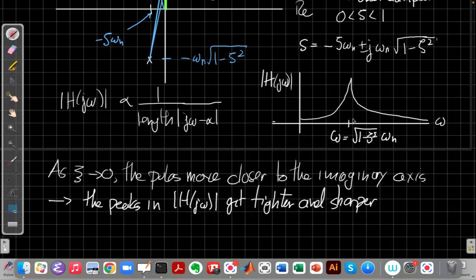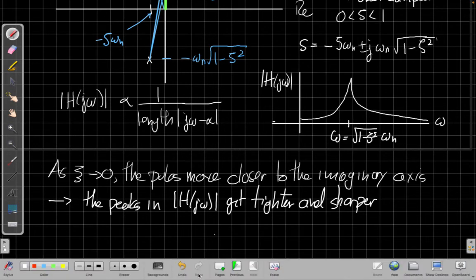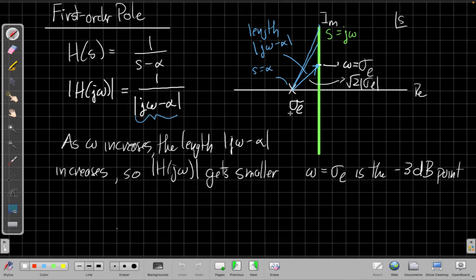And again, these resonant peaks, where I have a spike out at some non-zero frequency, differ from the earlier version, which I never actually drew. That was a mistake. When the pole is on the real axis, the peak will be at ω = 0, because this point right here will be the point that has the shortest vector, so the smallest denominator, making the largest H(jω).